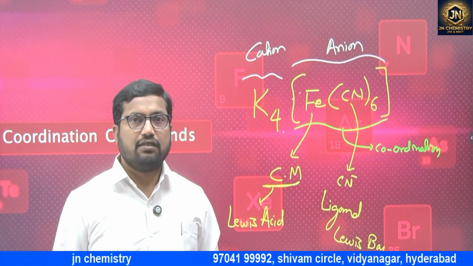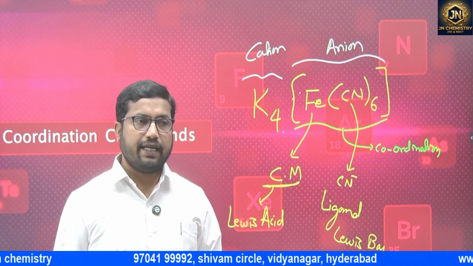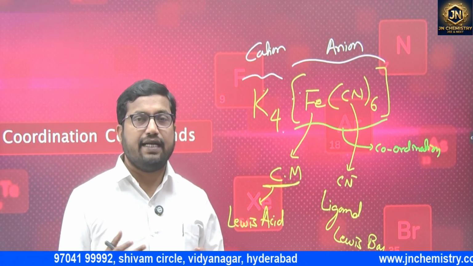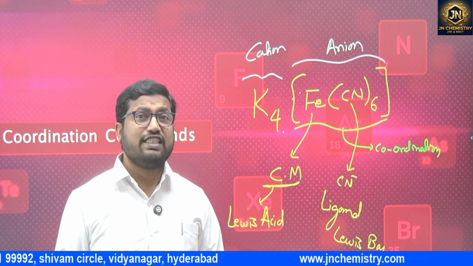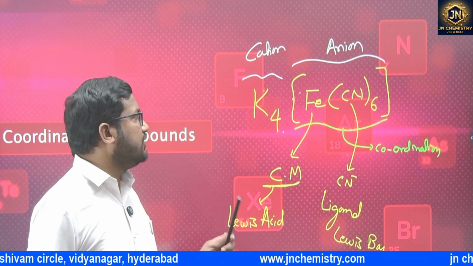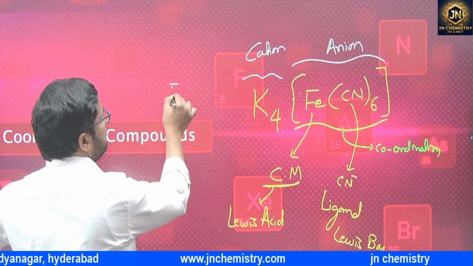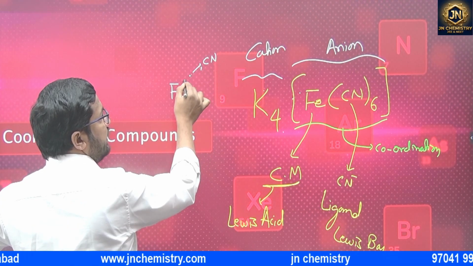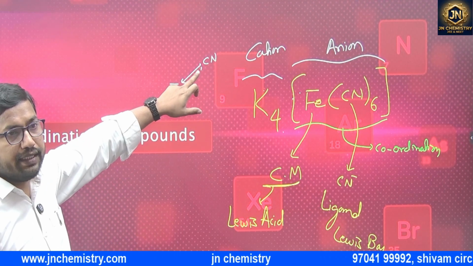Ligands are of different types: monodentate, bidentate, tridentate, tetradentate, pentadentate, hexadentate. What is dentate? Monodentate means only one lone pair is donating. For example, here iron is the central atom, and cyanide has one lone pair which it donates, forming a coordination covalent bond. So this is monodentate.